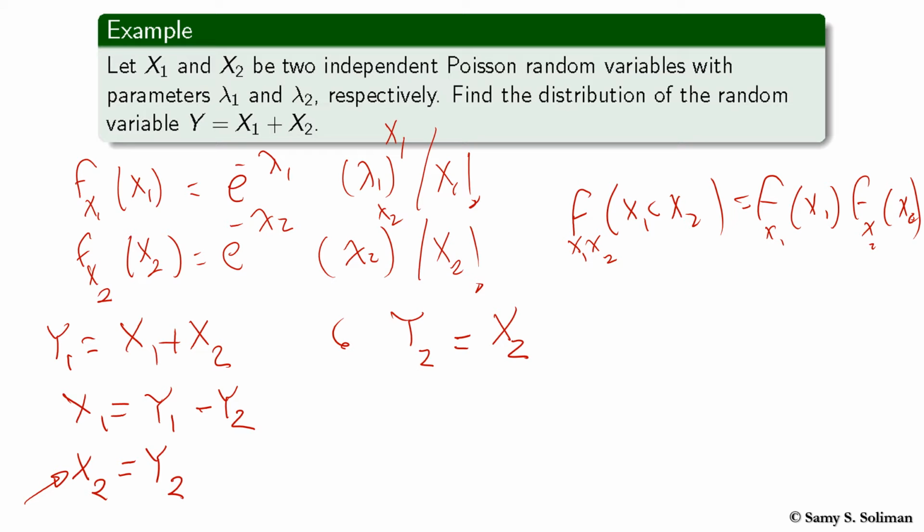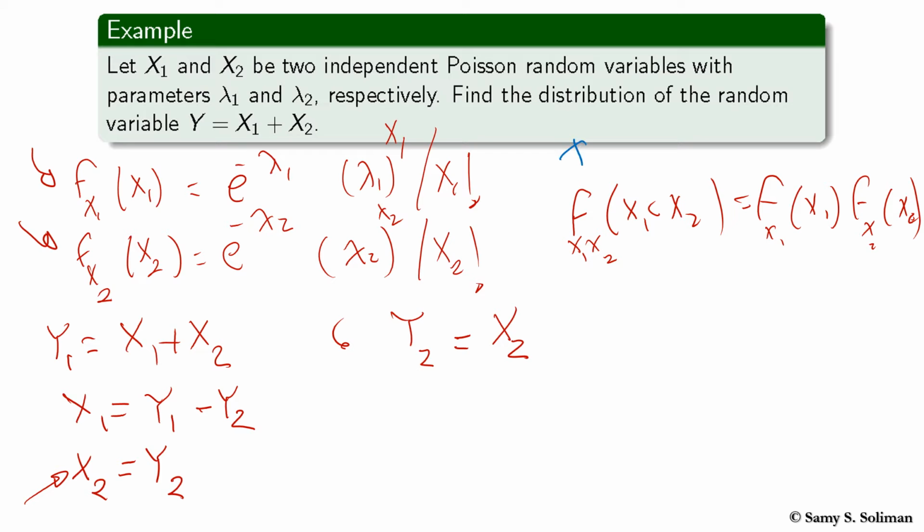It is also very important to define the range of x1 and the range of x2. We know from the definition of x1 and x2 that, since each is a Poisson random variable, each can take the integer values from 0 to infinity.